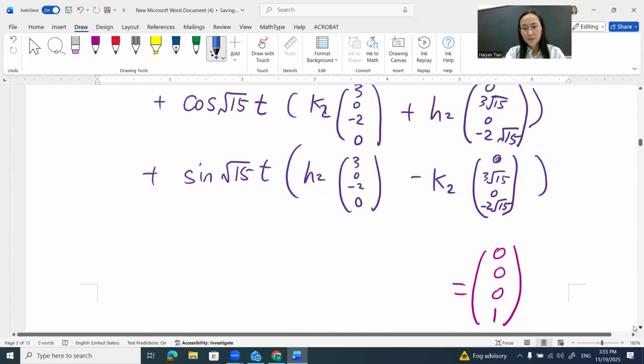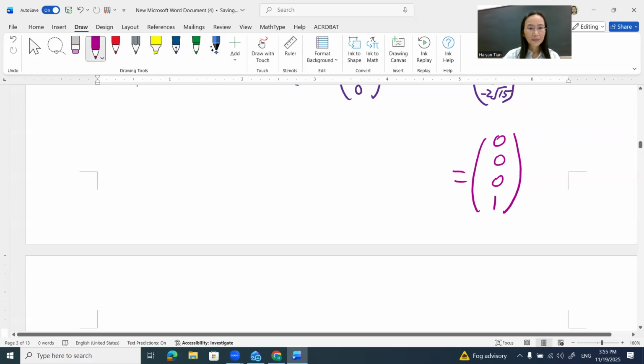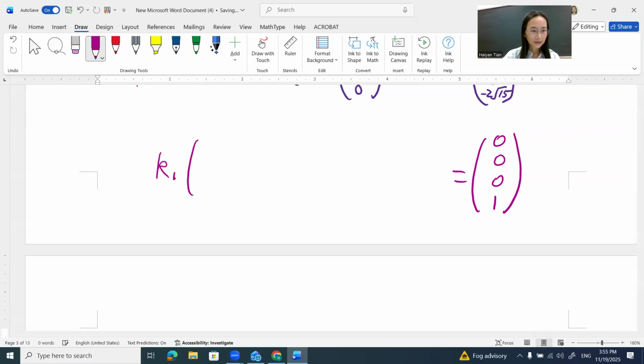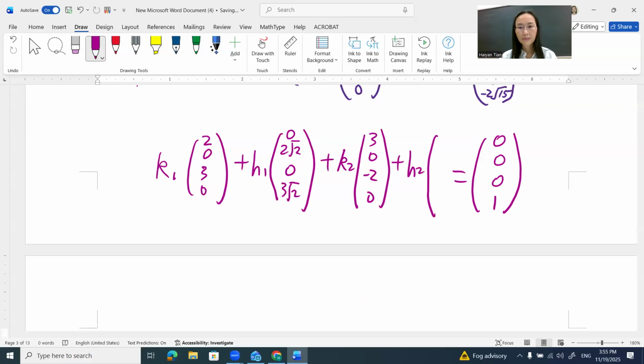So we're going to have K1, H1, K2, H2 to satisfy that initial condition.